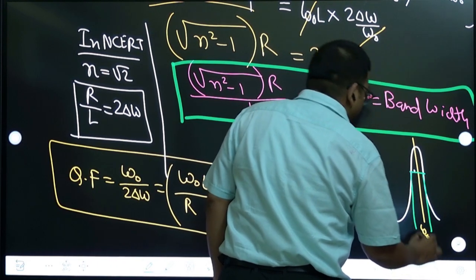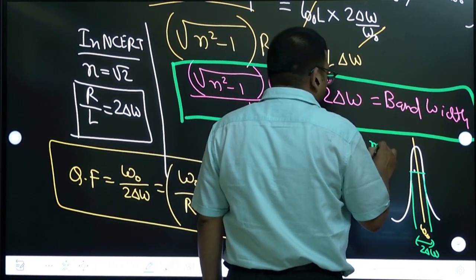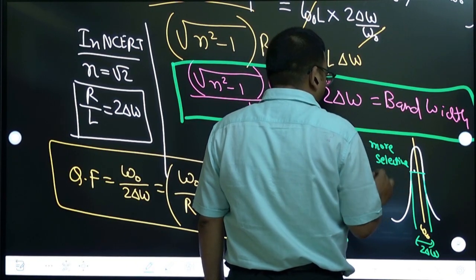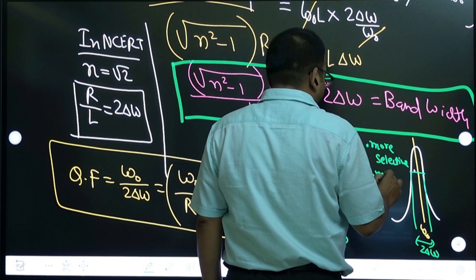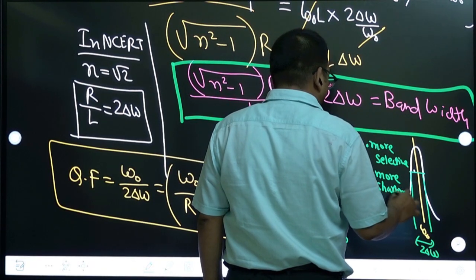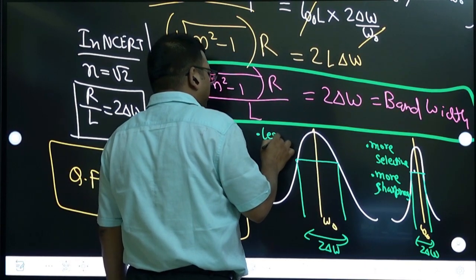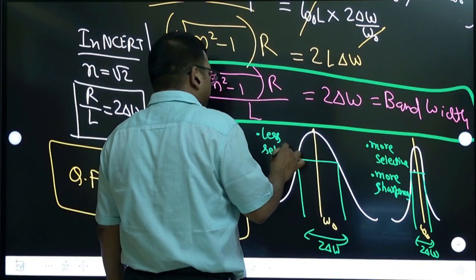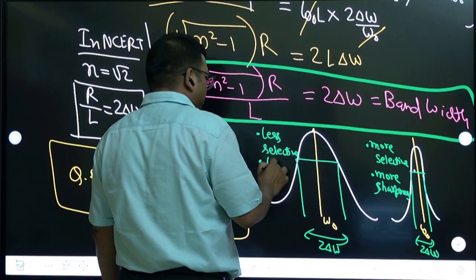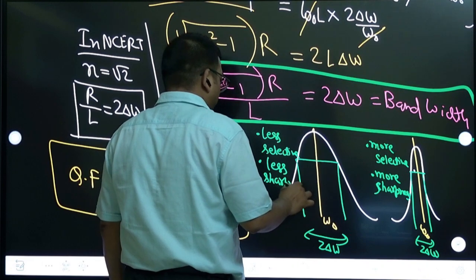Whenever the width is very small, this is called more selective or more sharpness. Here this is more bandwidth, which is called less selective or less sharpness. Got it?